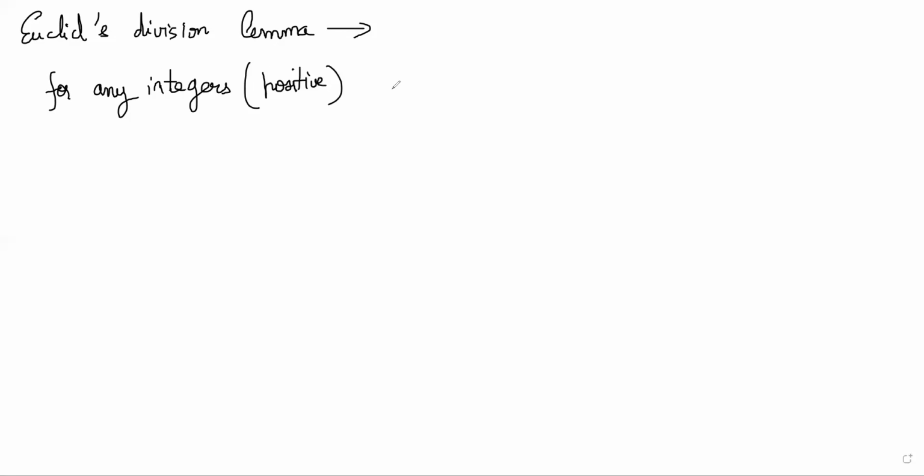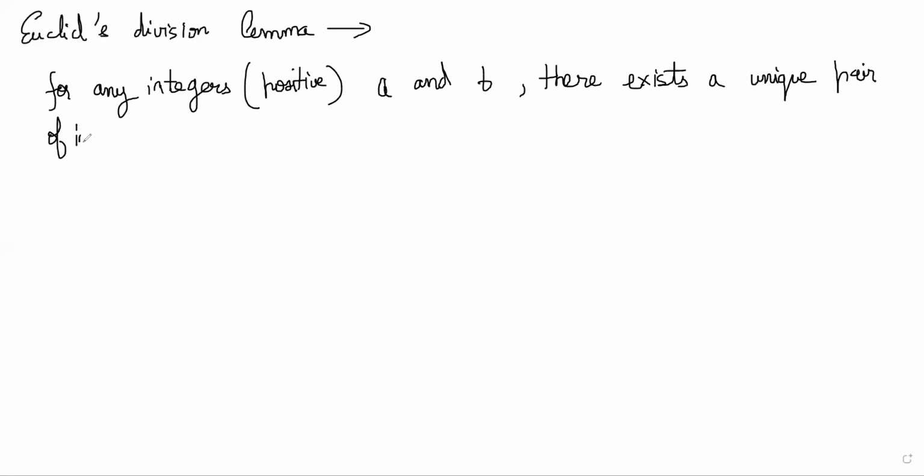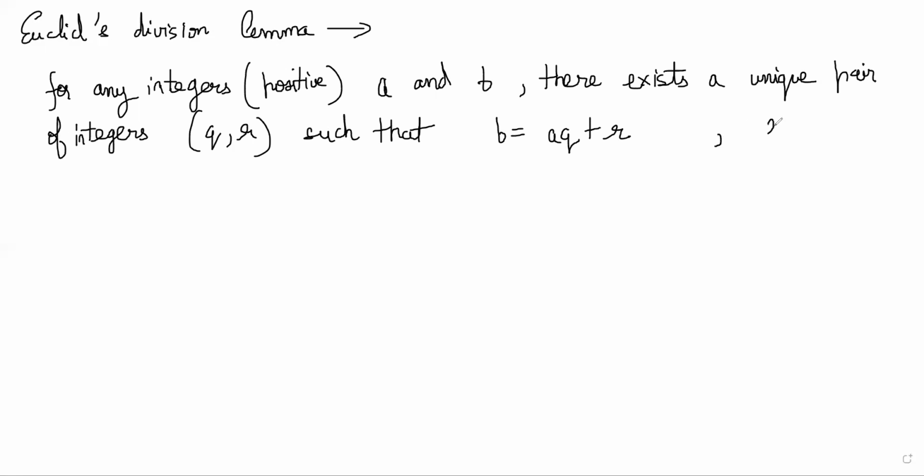Euclid's division lemma says that for any positive integers A and B, there exists a unique pair of integers Q and R such that B is equal to AQ plus R. Here R is less than A.